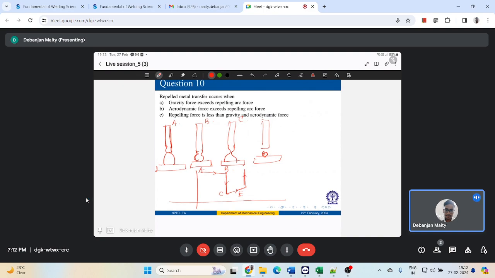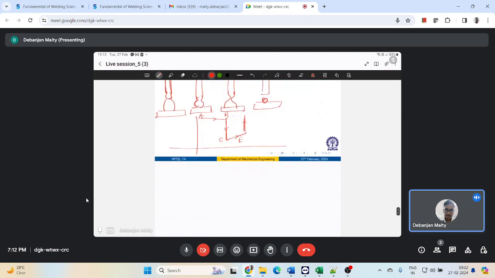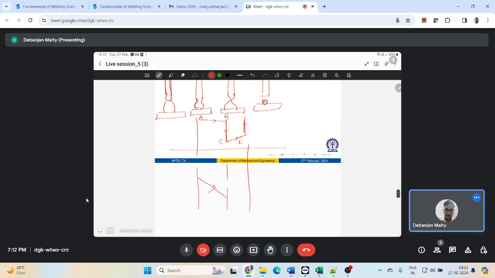And how will my current look? My current will look something like this initially because the voltage is getting reduced. It will get reduced, then again increased, then again decreased, then again increased. So that's how it will go on from cycle to cycle.